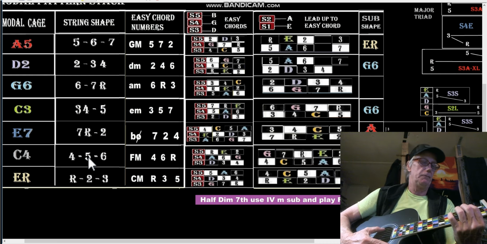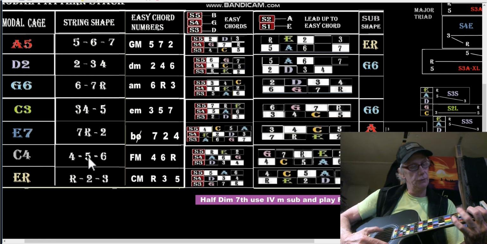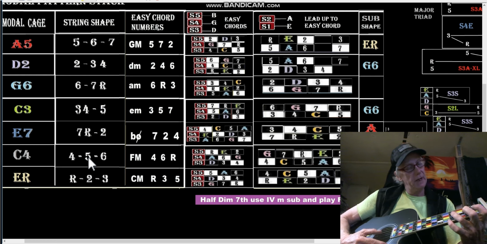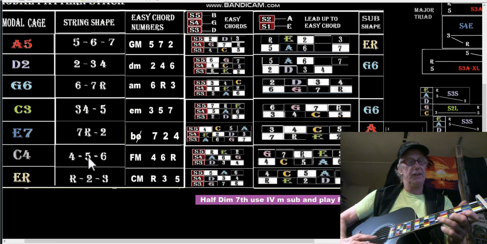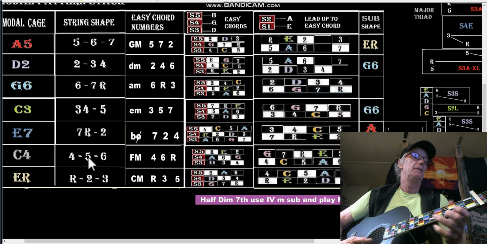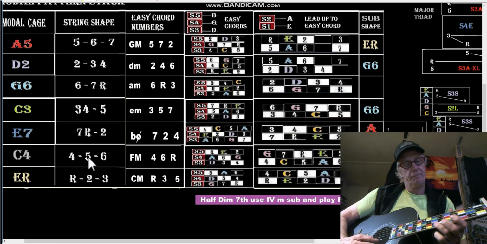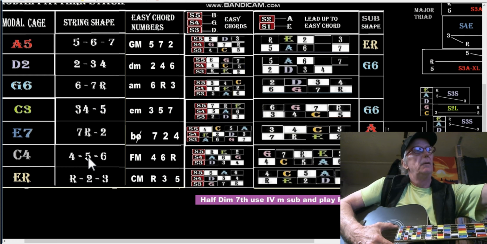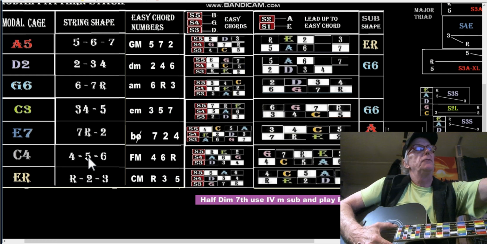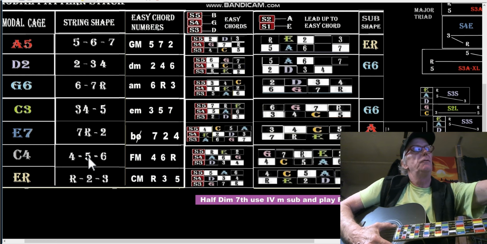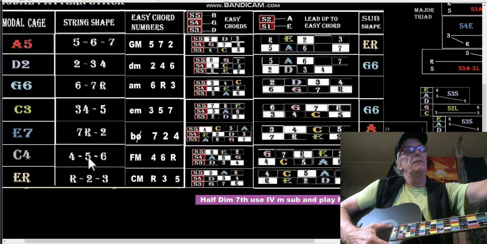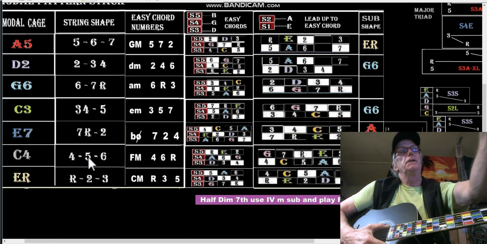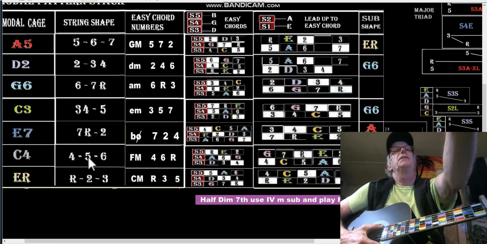Okay, let's count them. 4, 5, 6, 7, root, 2, 3, 4, 5, 6, 7, root, 2, 3, 4, 5, 6, 7.